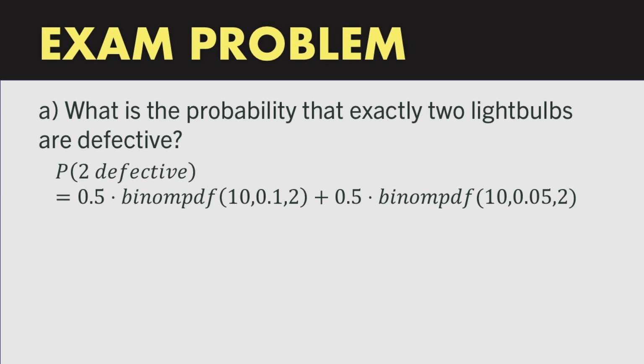The probability of picking machine A is 50%. It says that they are equally likely to be selected.